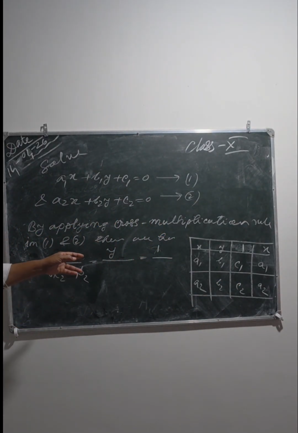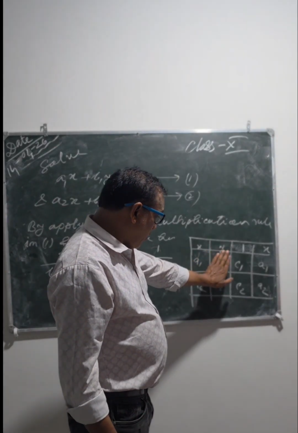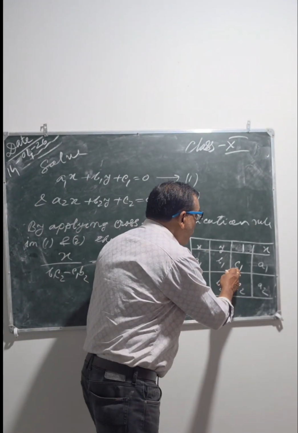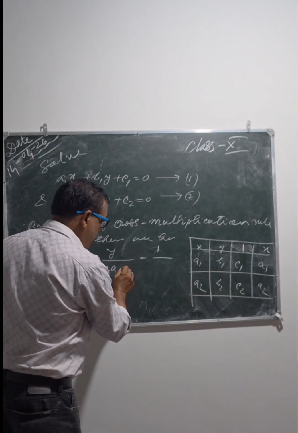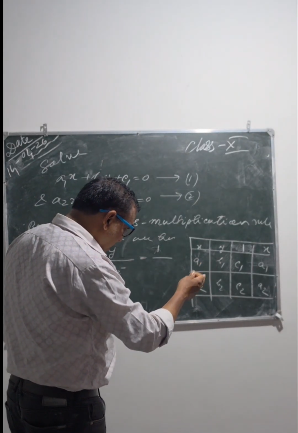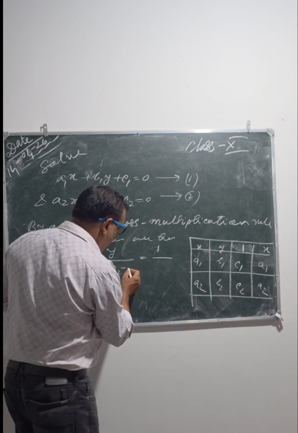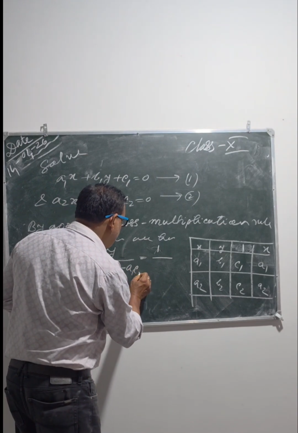Then y by, where we have to omit the coefficient of y, then c1 a2 minus a1 c2.